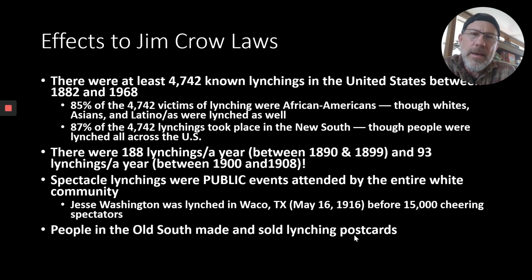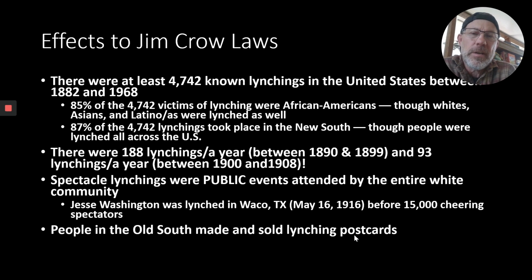Again, the activity I have you do at the very end is an interactive map where you can click on individual states and see the data pop up between whites and blacks who were lynched. You can see the geographical differences of lynching. So again, lynching often meant death, mind you, but not always. Severe beatings. Oftentimes in the South, there were hangings involved, and we'll talk about that as well.